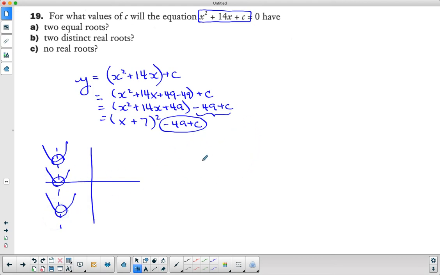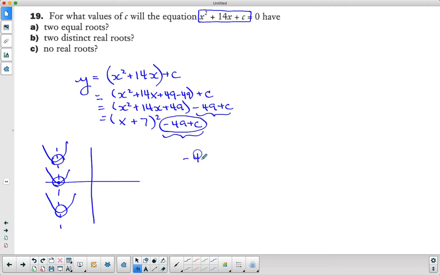So the 0 is the easiest. Well, shoot, I shouldn't have said c. I should have said this constant term is positive or negative. So this 49 figures into it. So in order to get it right on the axis, this whole constant term has to be 0.